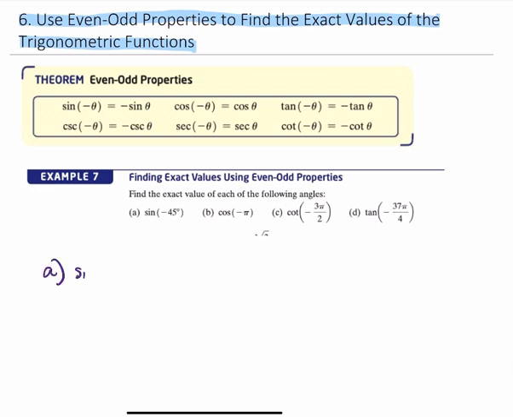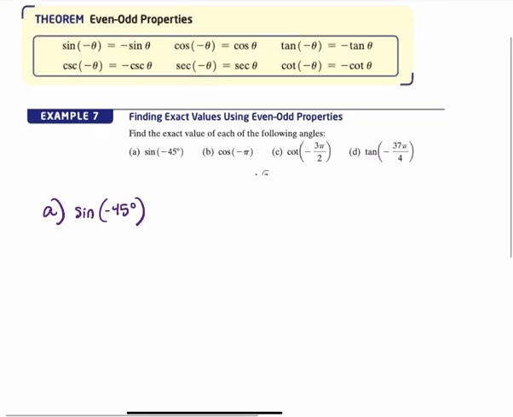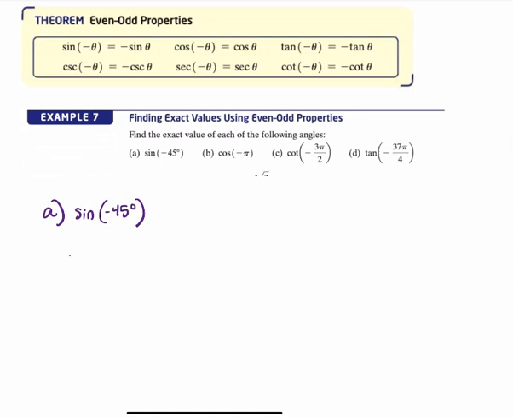We have the sine of negative 45 degrees. So let's think about its relationship to positive 45 degrees. For positive 45 degrees, that's pi over 4. It has the coordinate point root 2 over 2, root 2 over 2. Negative 45 degrees would just rotate in the other direction.